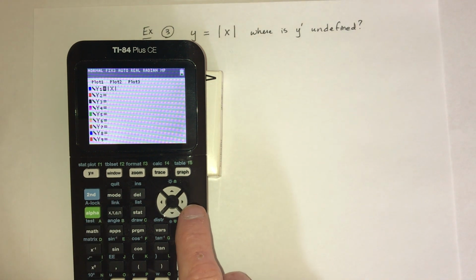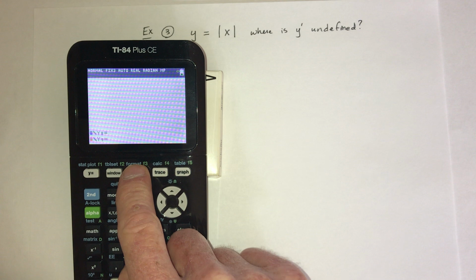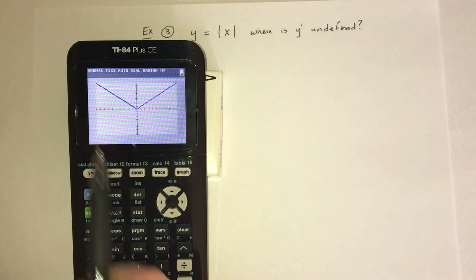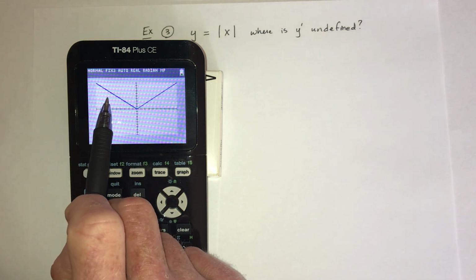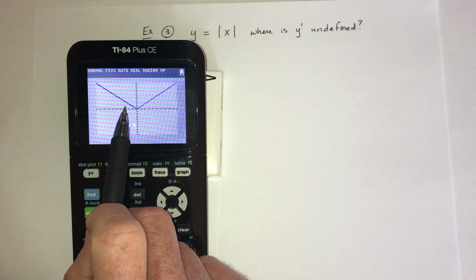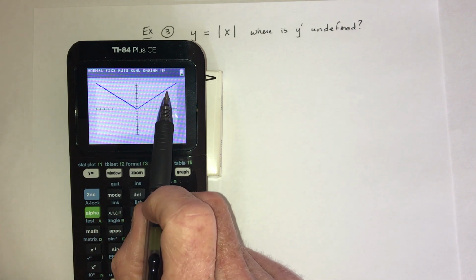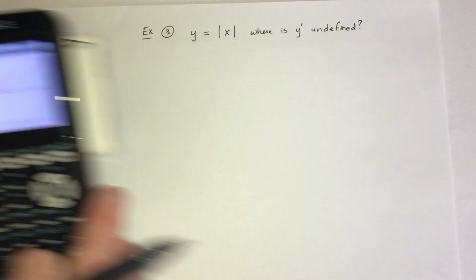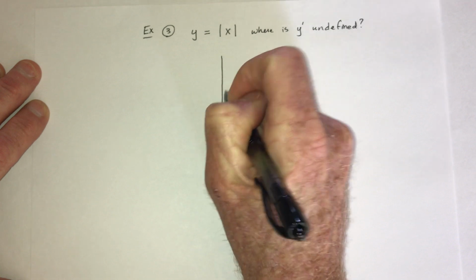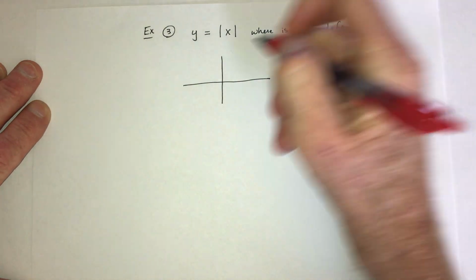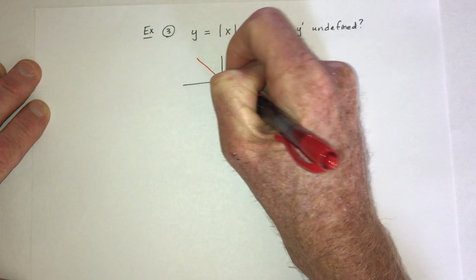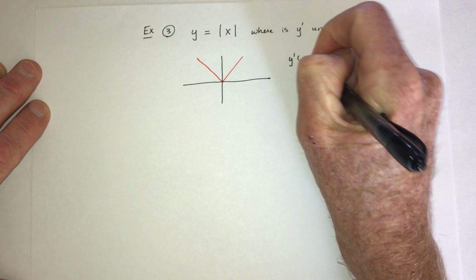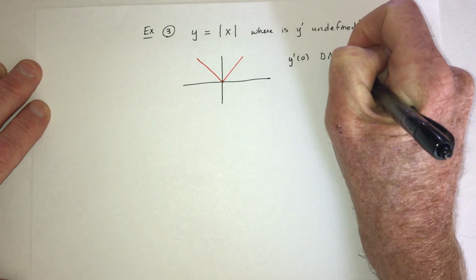So the absolute value of x, and then I'm going to go to zoom standard, and it's a V shape. So over here, the derivative would exist, and this is a slope of -1, so the derivative would equal -1. Over here, this is a slope of +1, and right there at 0, the derivative does not exist. So that is an example of a corner, the absolute value function. So y prime of 0 does not exist.